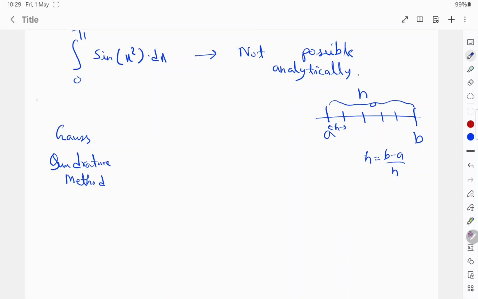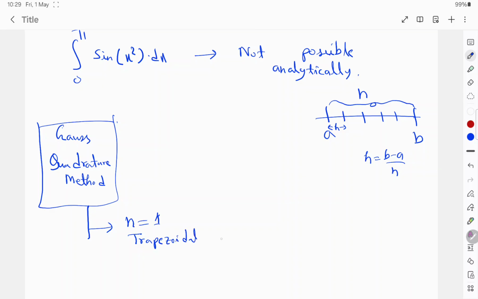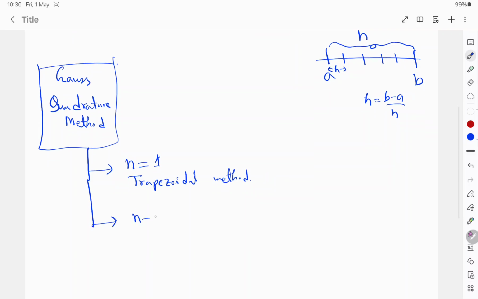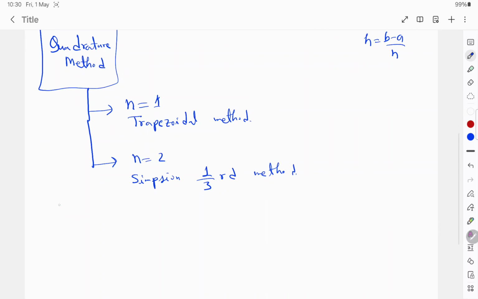If you consider n equal to 1, that method is called the trapezoidal method. After that, if you take n equal to 2, it is called Simpson 1/3 method. And after that you will learn one more method, called the Newton Cotes formula.